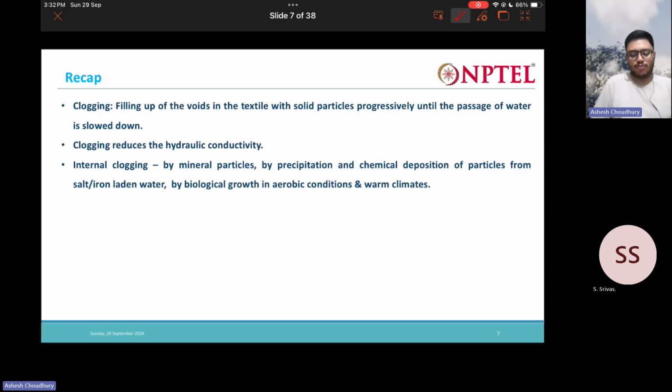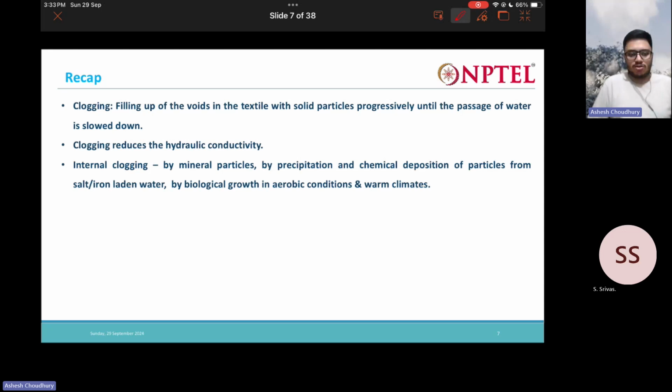They close the pores. Due to which the water that was able to freely pass through the filter before is not able to pass now, right? The rate of water passage becomes slow. That is the detrimental effect of clogging. So clogging reduces the hydraulic conductivity, right?